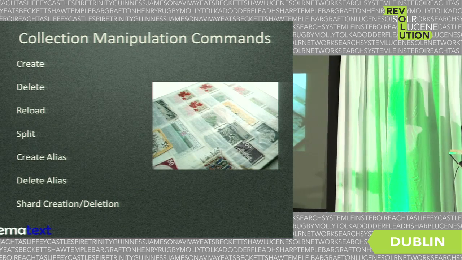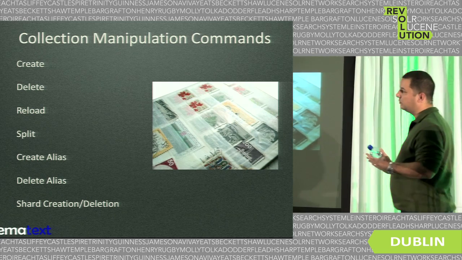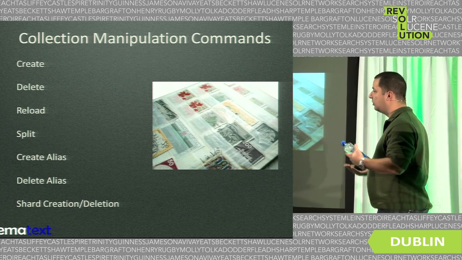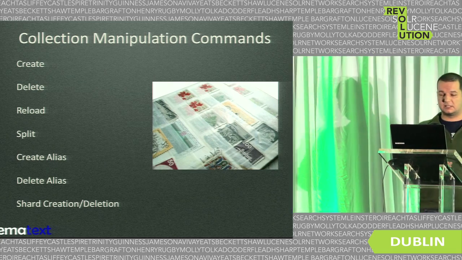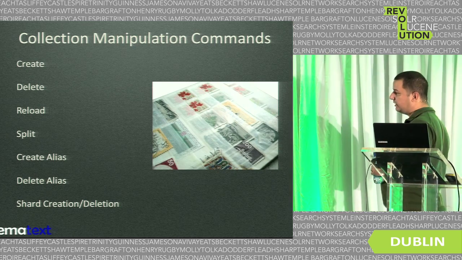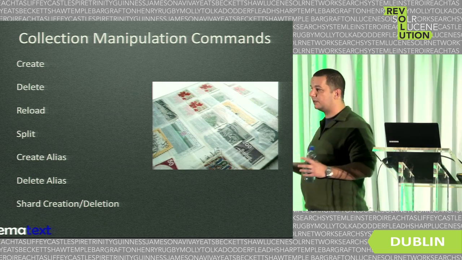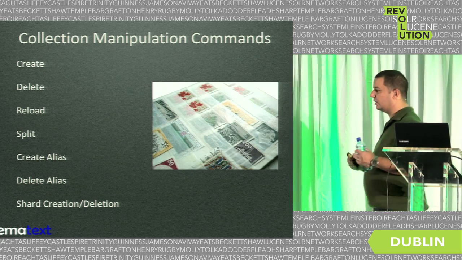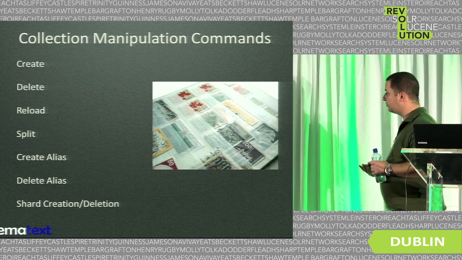Let's get back for a bit to the collection manipulation, because usually you won't end up with a single collection. The collection manipulation commands that Solr exposes allow us to do different things. We can create collections, we can delete them, we can reload them, we can even split them if sometimes we see that the number of shards is not enough and reindexing is not an option.